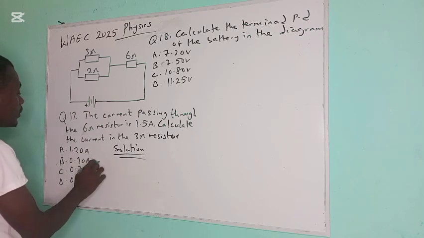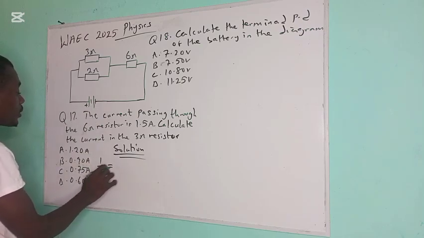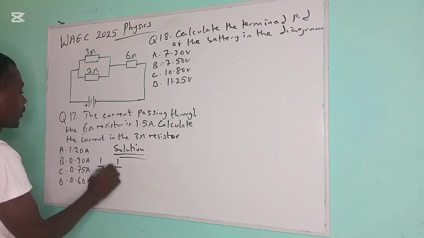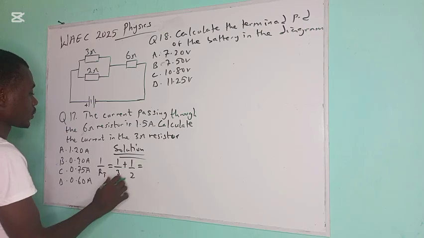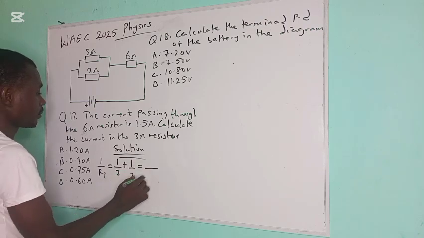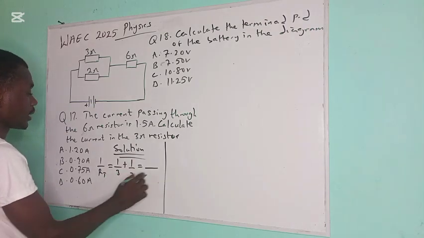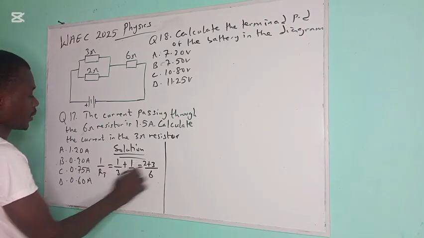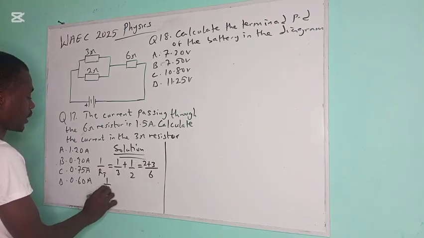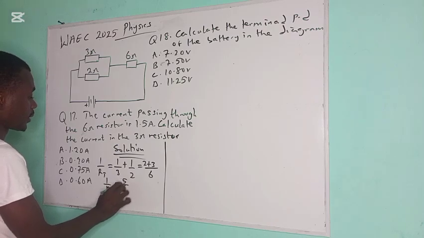By combining them, the equivalent resistance in parallel is 1 over 3 plus 1 over 2, which is equal to, find the LCM, and the LCM is 6, so this is 2 plus 3, which is 5 over 6.